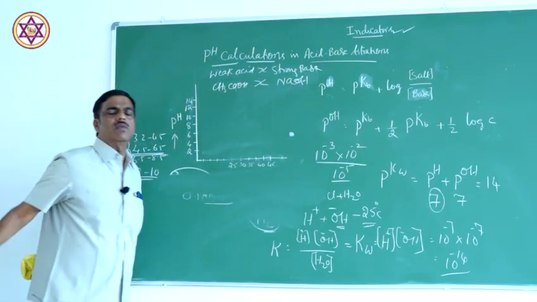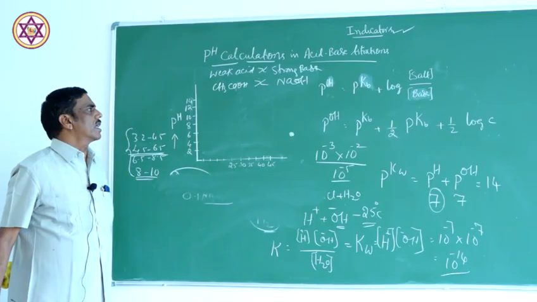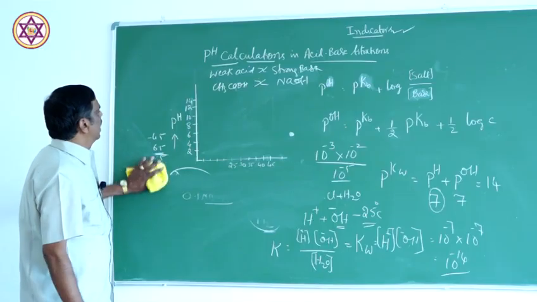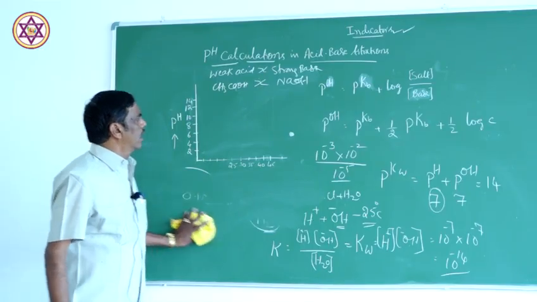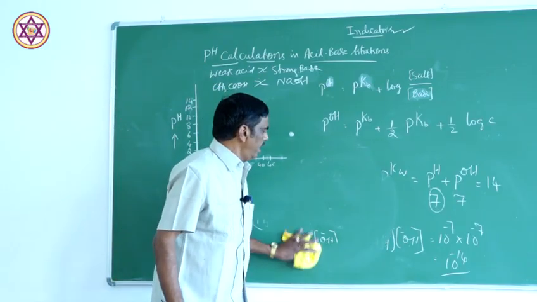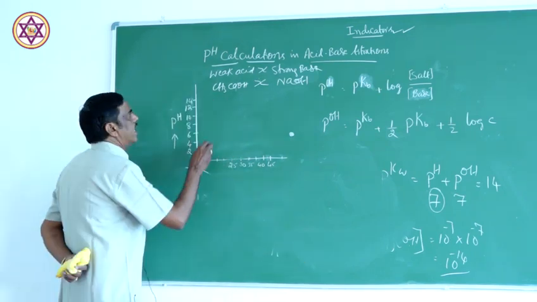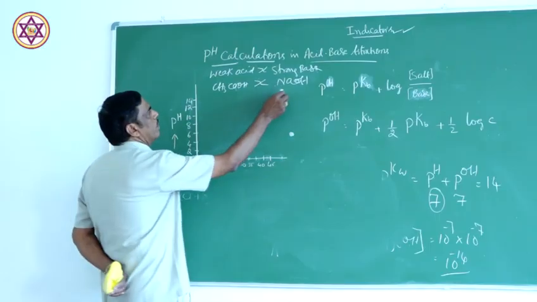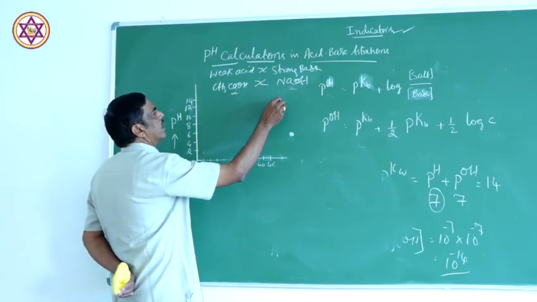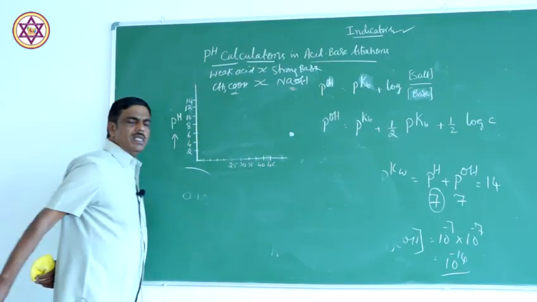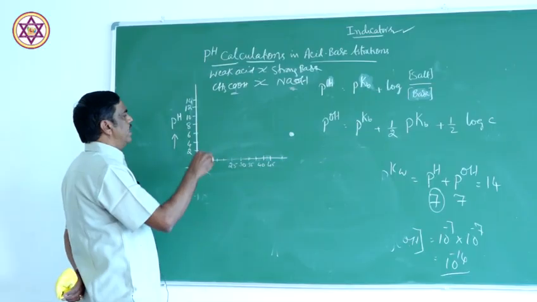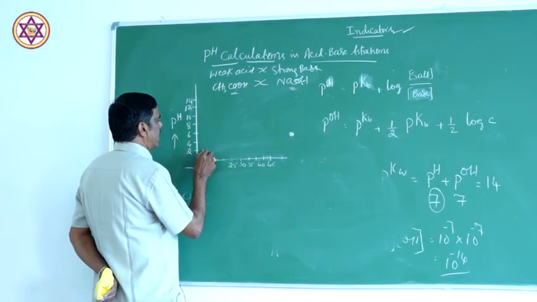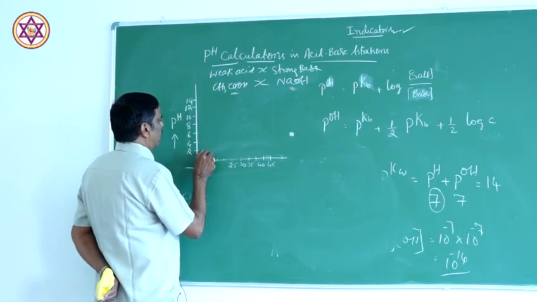So how will the pH titration curve be for this titration? Let us see. In this case, acetic acid reacts with sodium hydroxide. In the beginning, acetic acid has pH less than 7. When you go on adding sodium hydroxide, because this is a weak acid, neutralization takes place and suddenly the pH changes. If you see the curve of this titration, it is like this.